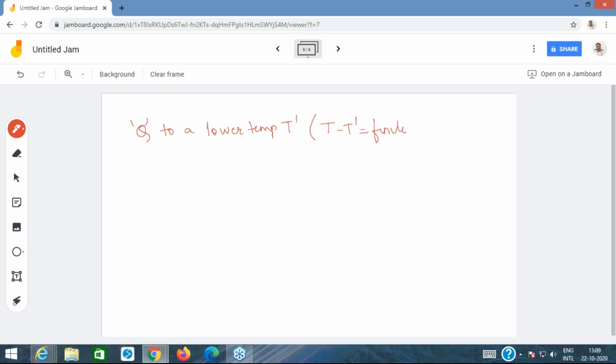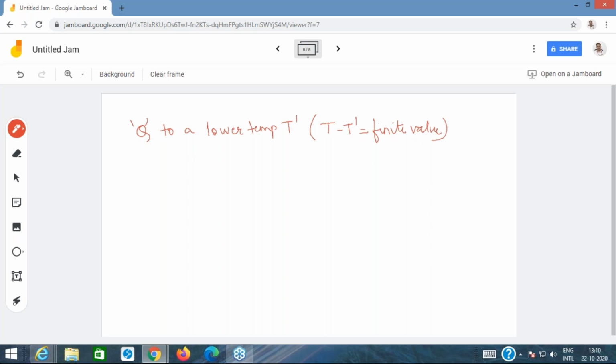It is not infinitesimally small. So we are now talking about the heat transfer to a lower temperature T dash.